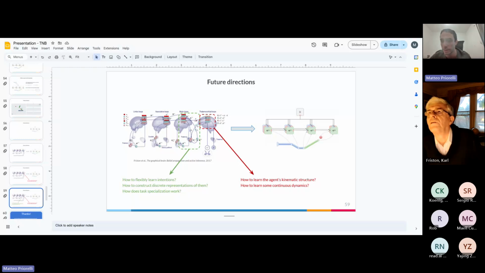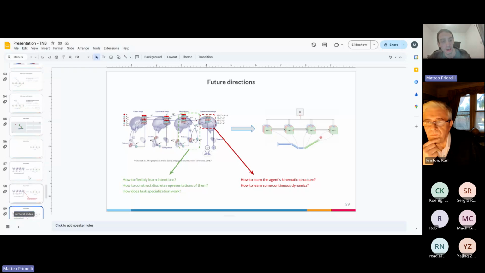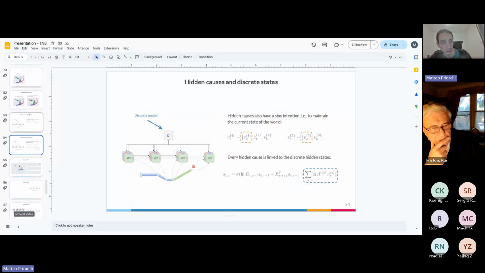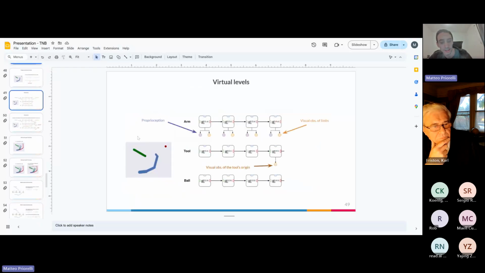In my case specifically, I have this hierarchical continuous model which generates probabilistic predictions at different levels of the kinematic chain.